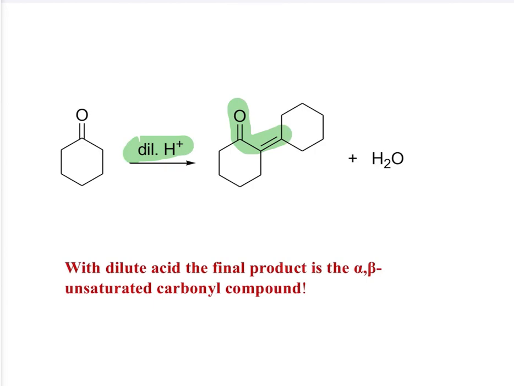As you can see, the starting material is cyclohexanone, which in the presence of an acid will get protonated at oxygen by capturing a proton, that will produce an oxonium ion with a positive charge on oxygen.